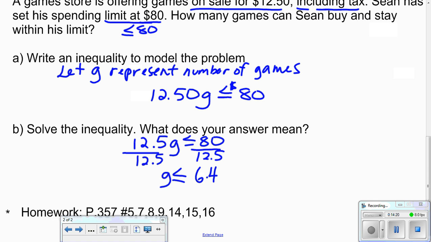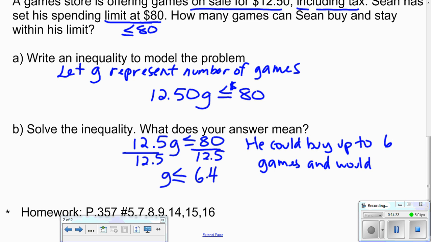So that doesn't really make sense. So he could buy up to 6 games and would have some change. Okay, that means he could buy 5 games, 4 games, 3 games, 2 games, 1 game, anything up to 6 games, but he wouldn't have enough money for that 7th game.